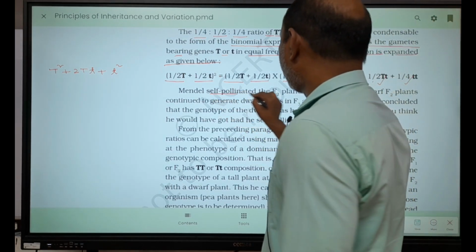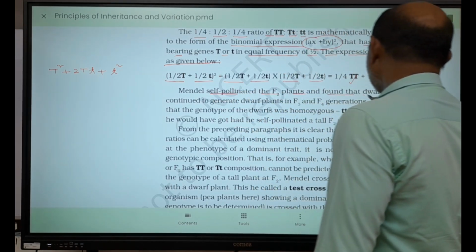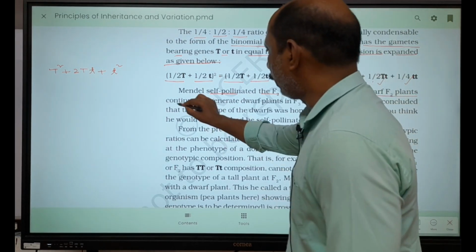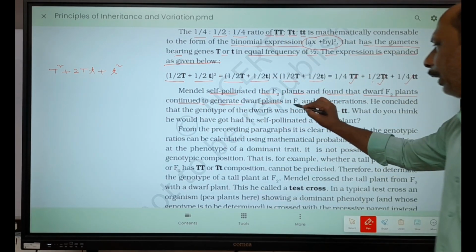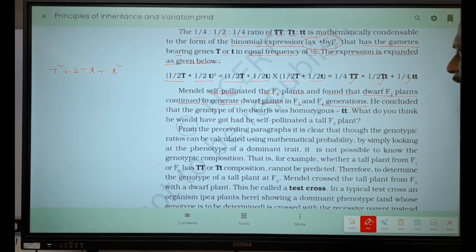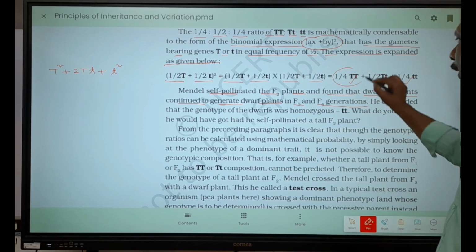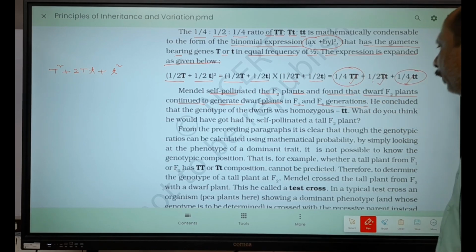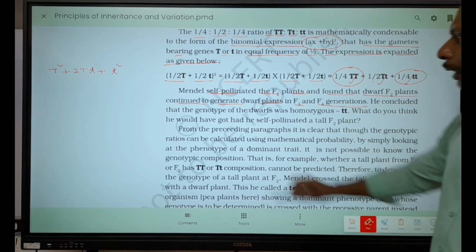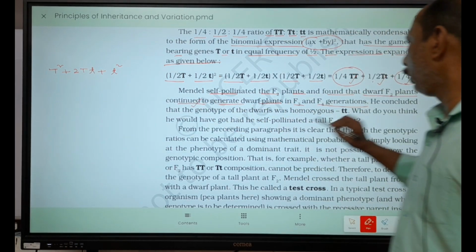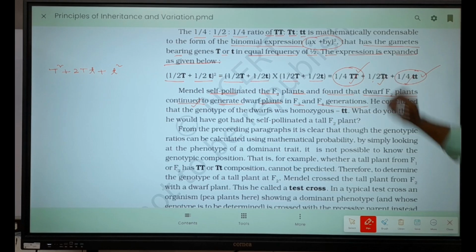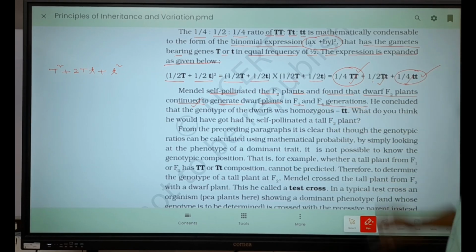Mendel self-pollinated the F2 plants and found the dwarf F2 plants continue to generate dwarf plants in F3 and F4 generations. This one, capital T and small t, right? He found that they continued to generate dwarf plants, and this was only tall plants in F3 and F4 generation.